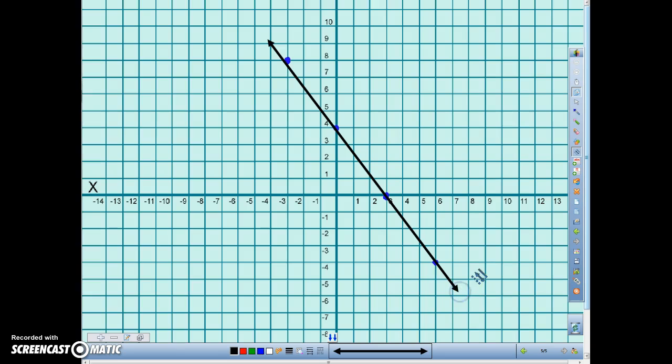Line number 1. Line number 2 crosses at -1/4, so about right there. It goes up 3 over 2. This one's kind of an estimation, and this is why graphing is not very good for solving systems of equations, because you don't get exact answers.